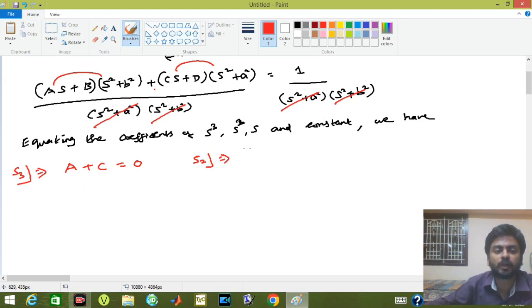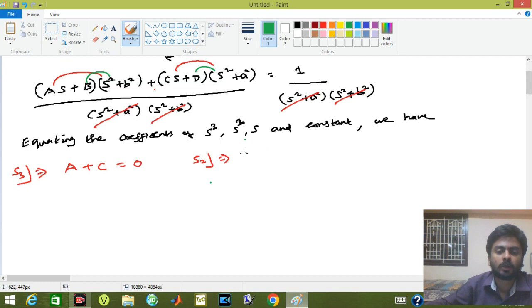To get the s square term, when you combine b and s square as well as d and s square, you will have s square terms.